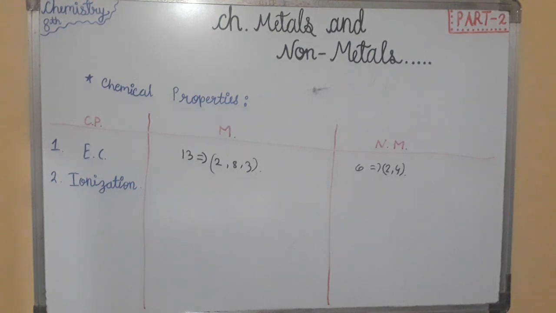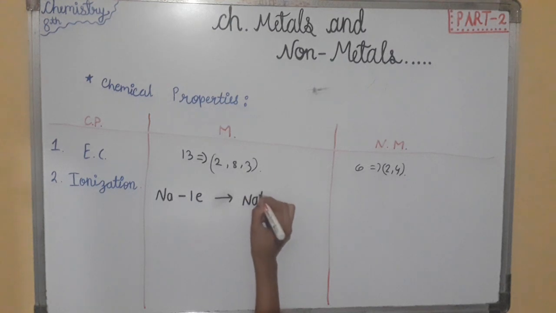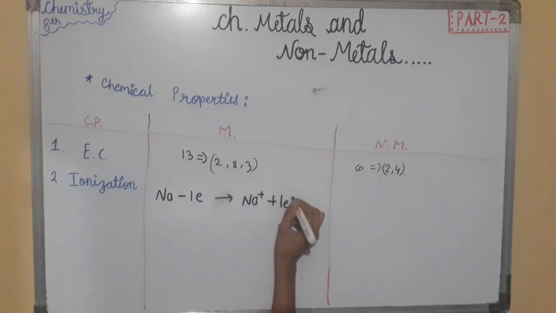Example, Na minus 1 electron gives Na+. In non-metals, ionization means they gain or share valence electrons and form anions.